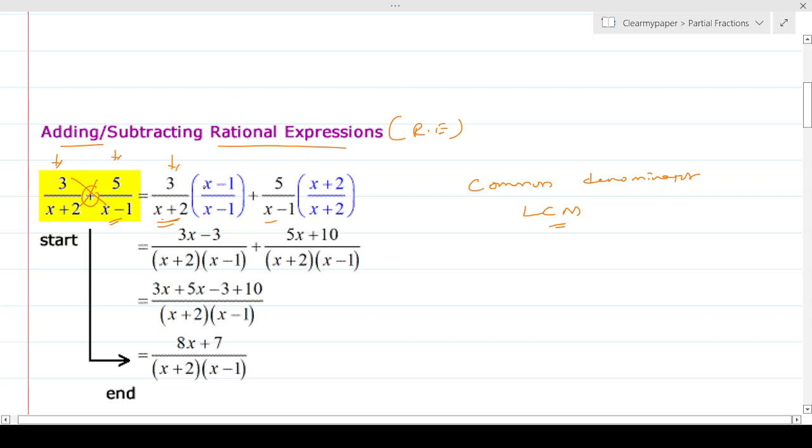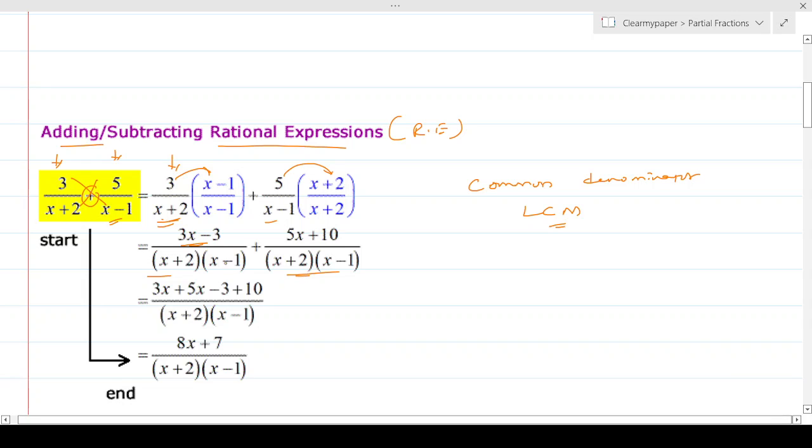Then we take the common denominator and cancel out. If you see, when you expand this it becomes 3x minus 3. When you expand 5 into x plus 2, you get 5x plus 10. And the denominator, because of the LCM effect, becomes common, where you have x plus 2 multiplied by x minus 1 on the right hand side, which is what we also have on the left hand side.